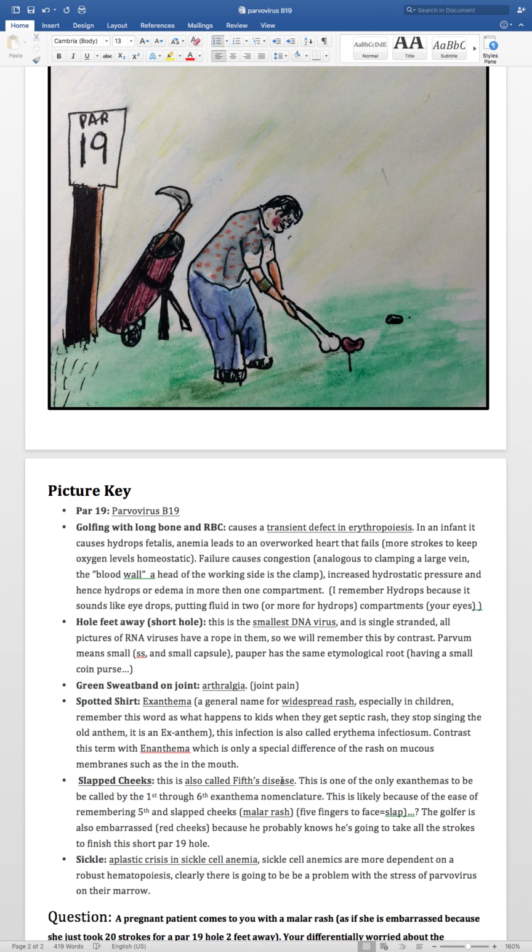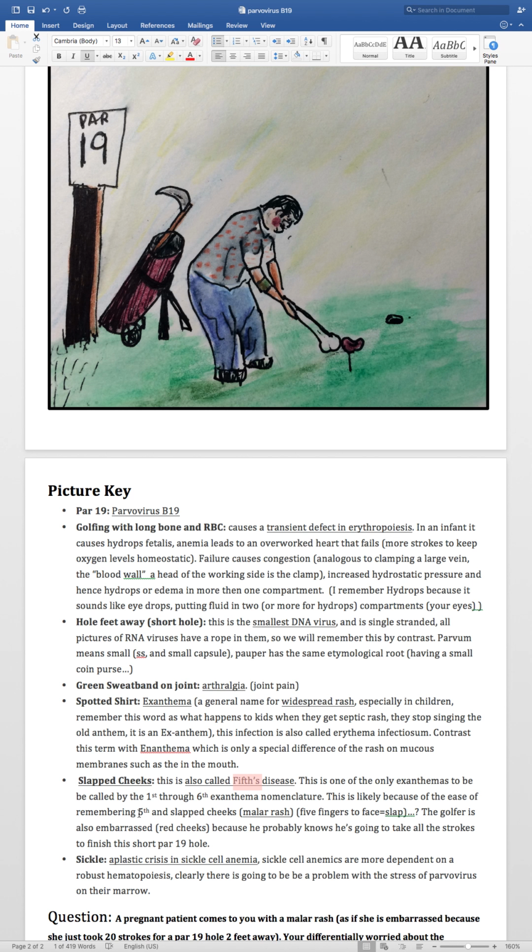And this is the only exanthema to be called by the first through sixth exanthema nomenclature, or whatever you want to call that. You may hear of first disease, second disease, third. No one actually really says those anymore. They only use fifth still, so it is still commonly called fifth.